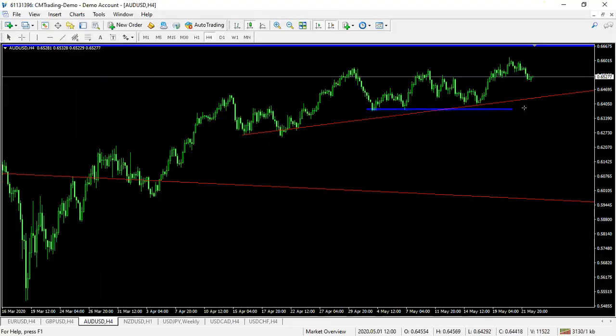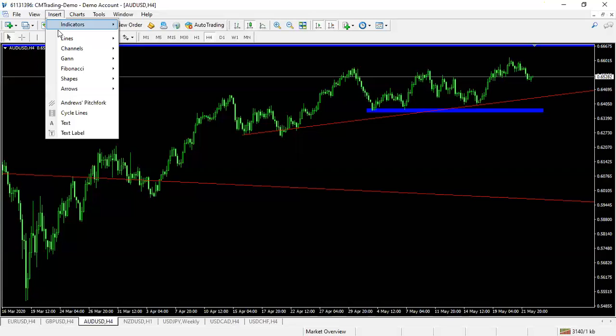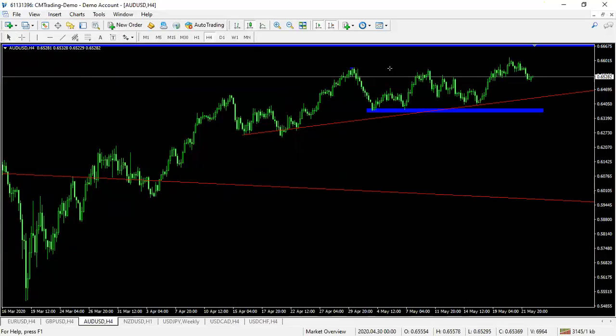See this, badala ya kuweka support na resistance, just use it short term. See that?